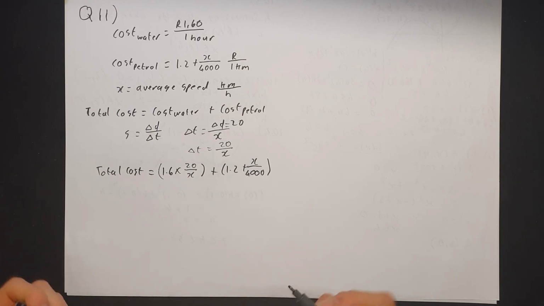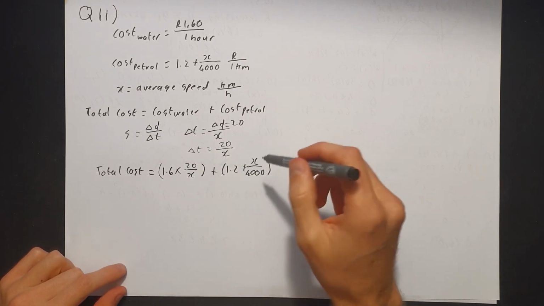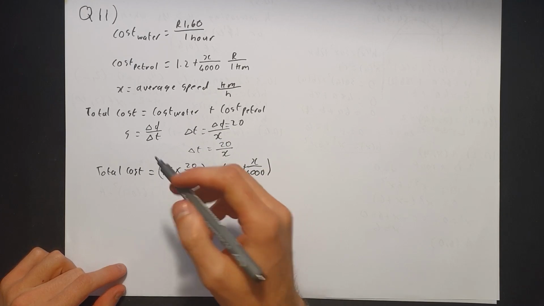Because we're doing minimization, we then have to take the derivative of this.